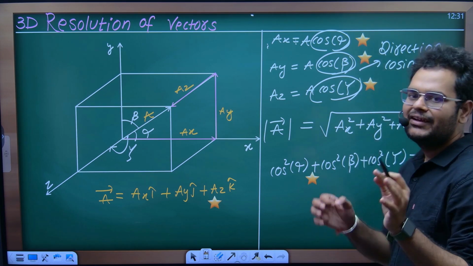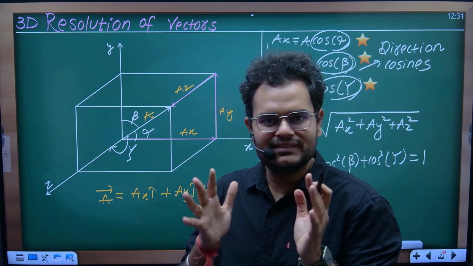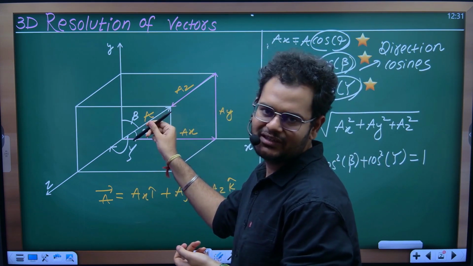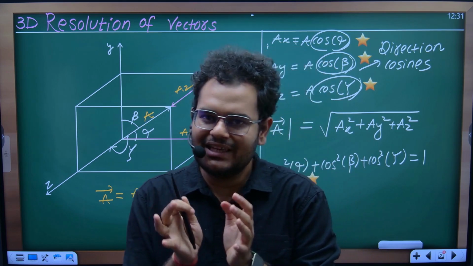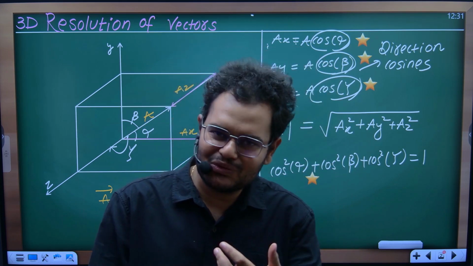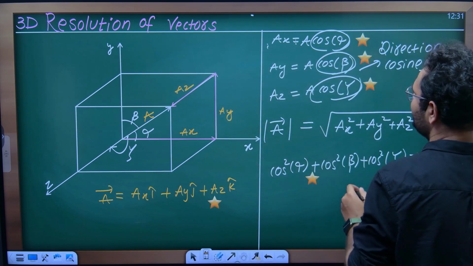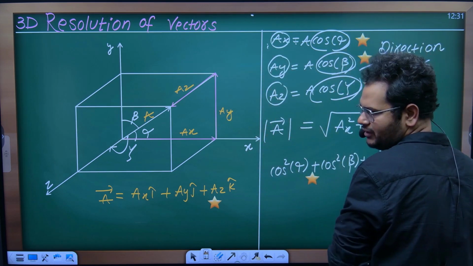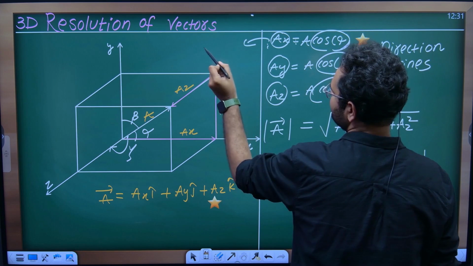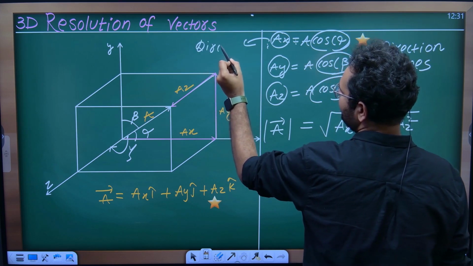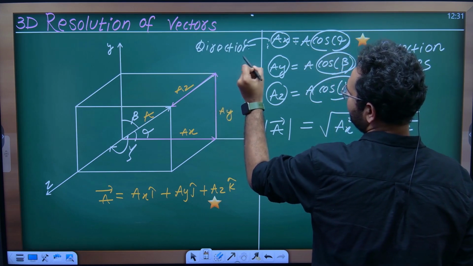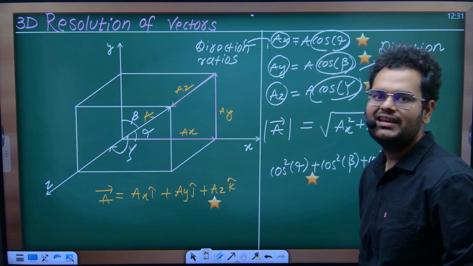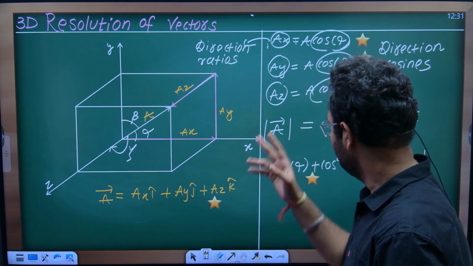Because when I know the angles with the x, y, z axes, suppose I know the angles of any vector, then I can easily draw that vector. Basically, that angle is telling me the direction, correct? That's why direction cosines. And another important thing, whatever Ax, Ay, and Az we have written, these are called direction ratios. You need to remember this.